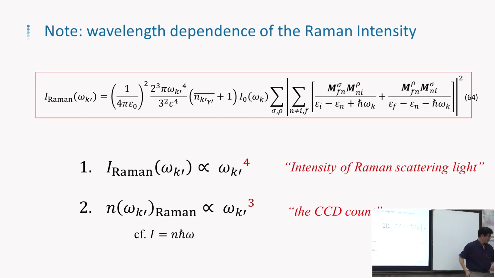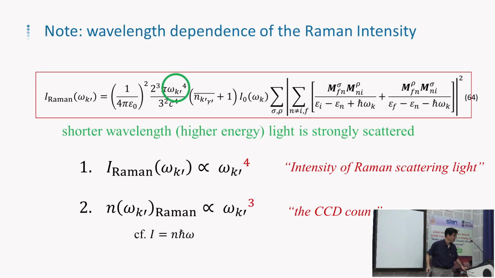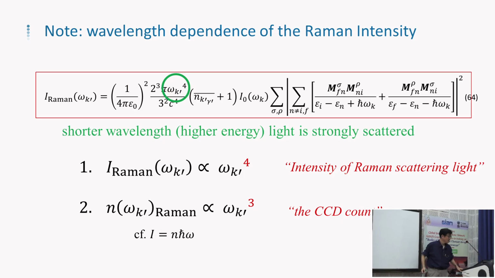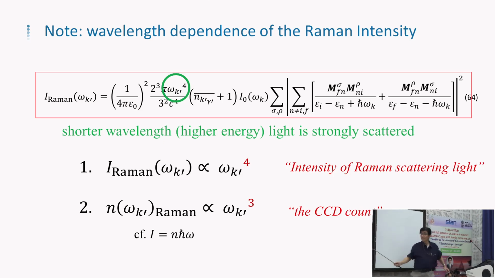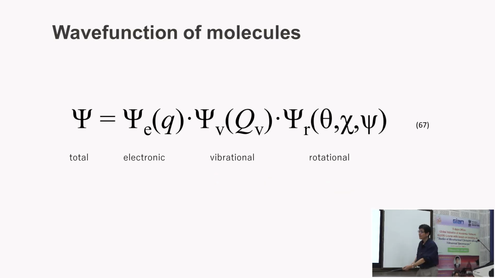It may be time to finish. I'm talking about this term. I need to explain further consideration in a short time, maybe in 5 minutes, further consideration about Raman scattering.